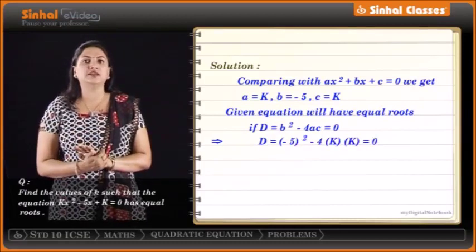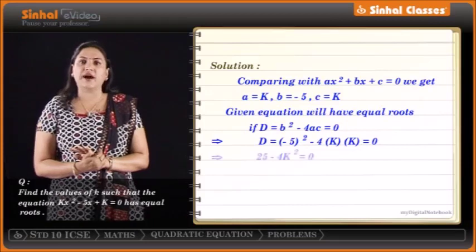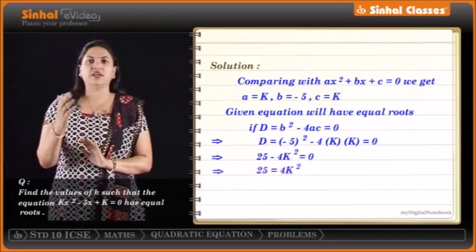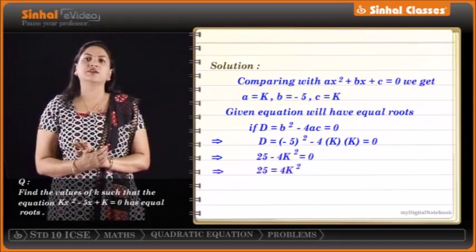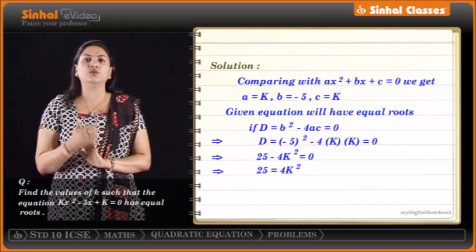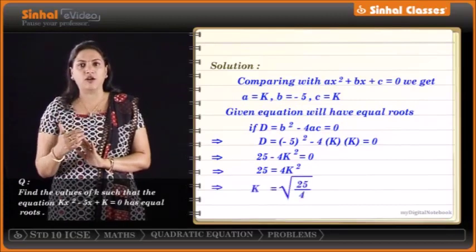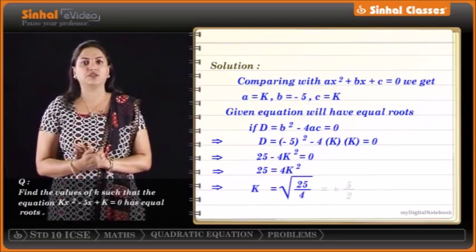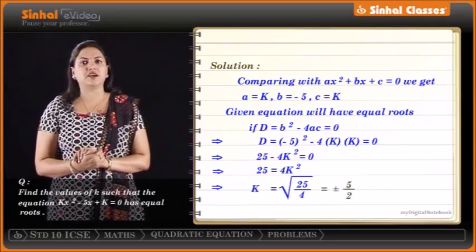Simplify to get 25 minus 4k square is equal to 0. That is 25 is equal to 4k square. So k is equal to under root 25 upon 4. So we get k is equal to plus or minus 5 upon 2.